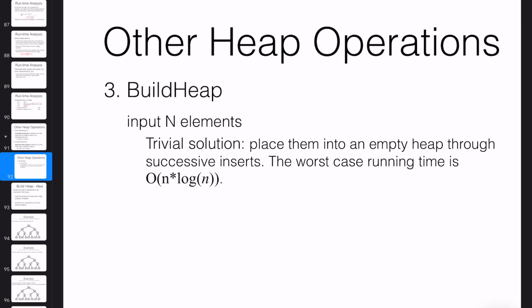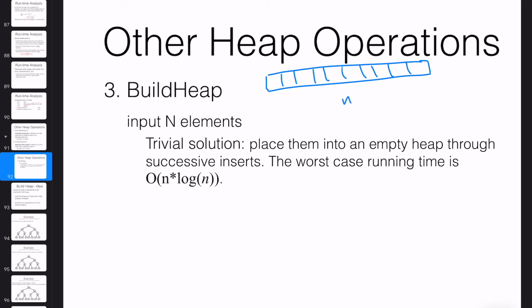And the last method is build heap. Just assume that someone gave you n items and wants to create a priority queue from all of these items. The items are given to you as an array, and you want to create a priority queue from these n items.